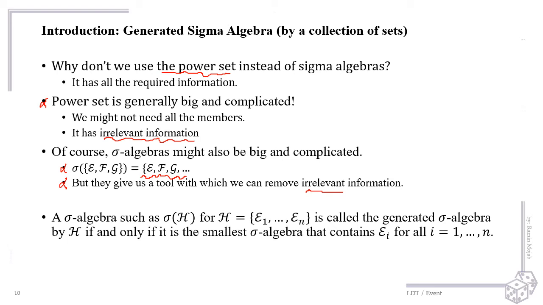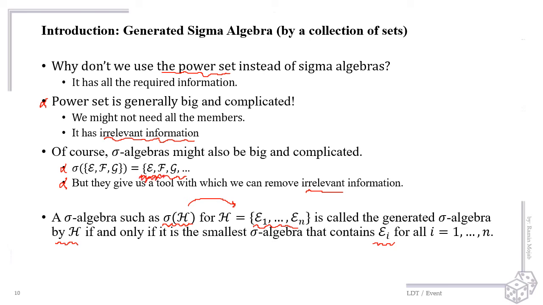A sigma algebra such as sigma of H, in which H is a collection of sets, is called the generated sigma algebra by H, by the collection, if and only if it's the smallest sigma algebra that contains all the sets.